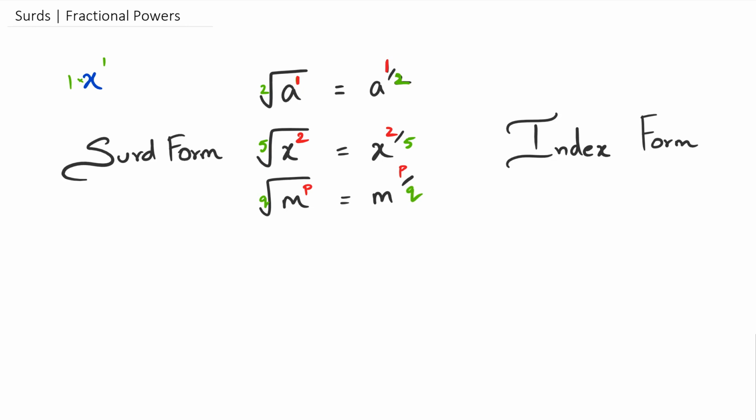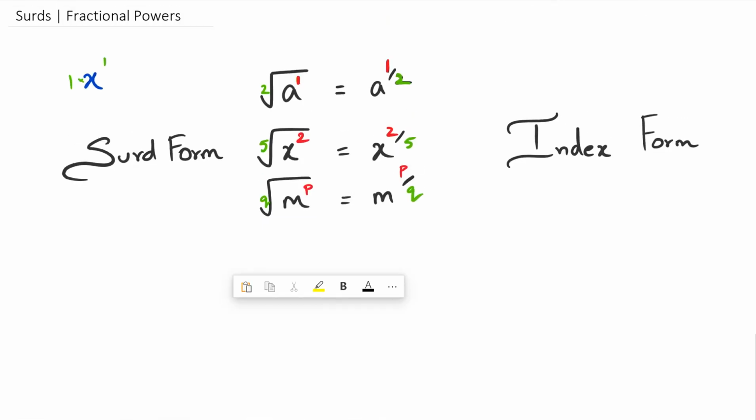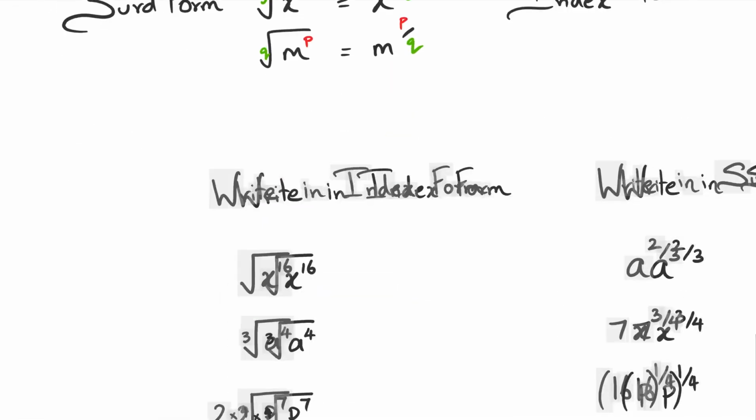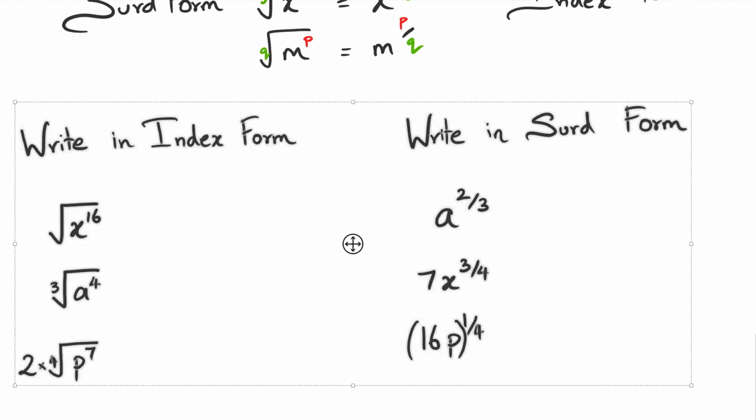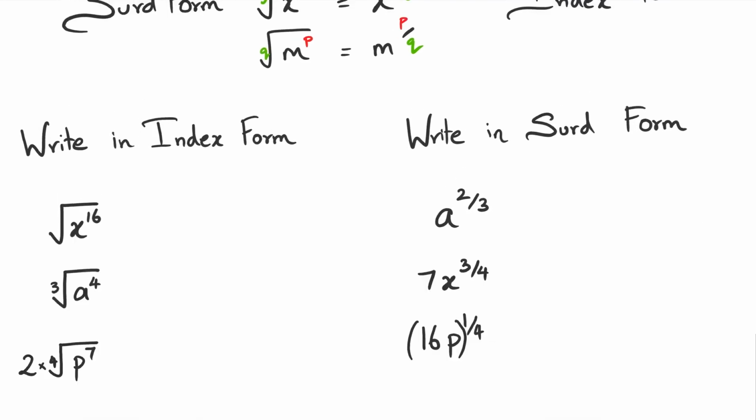So let's have a look at a couple of examples where we actually transfer from surd to index and then the other way as well. So what I've got here, guys, is 3 questions. I'm going to write some of them in index form and some of them in surd form.